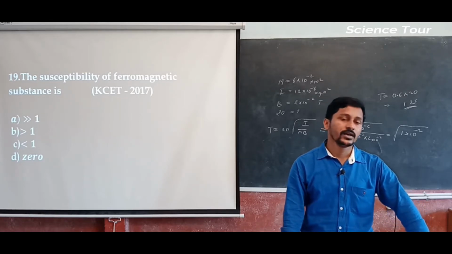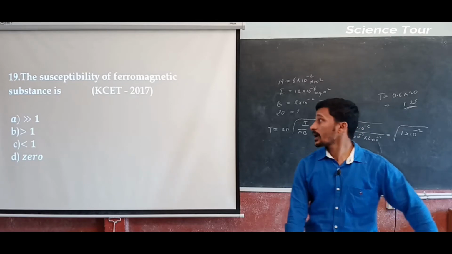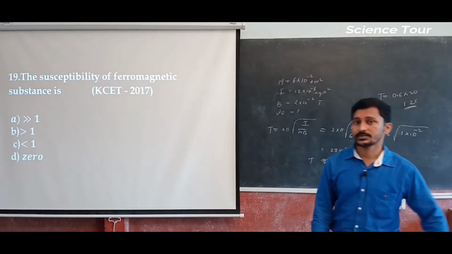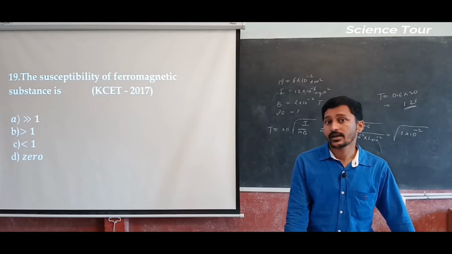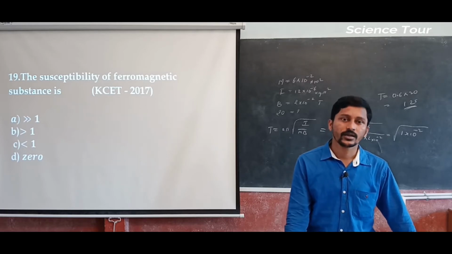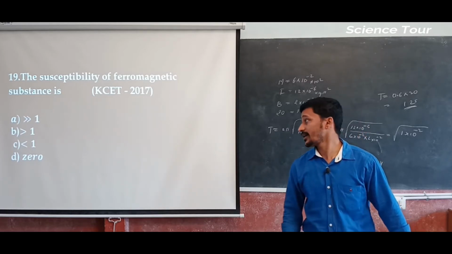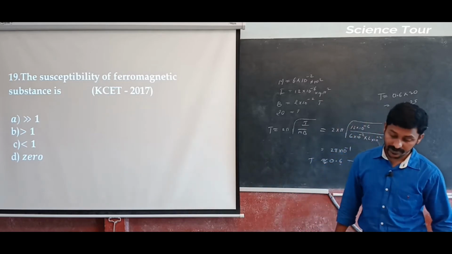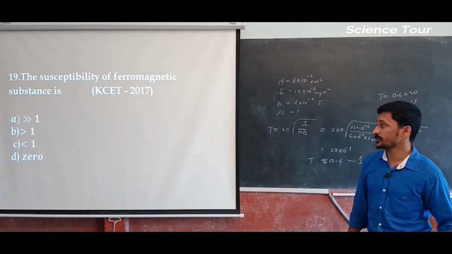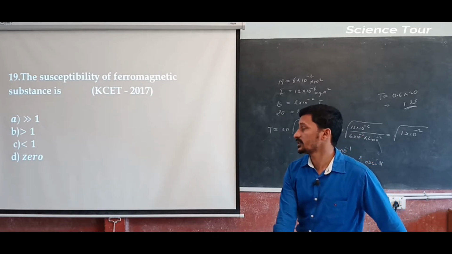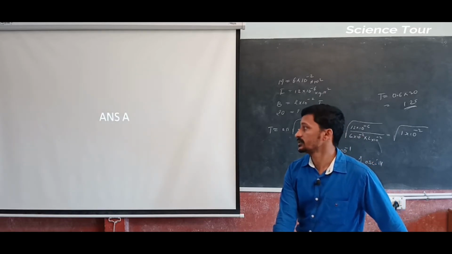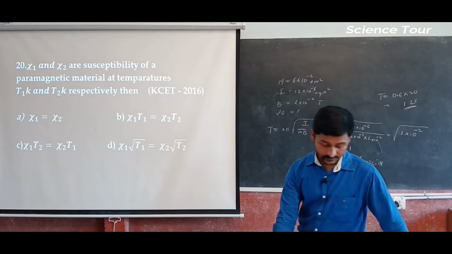Magnetic susceptibility for the diamagnetic substance is negative and small, and for the paramagnetic substance it is slightly positive, very small but positive, and for the ferromagnetic substance it is very high. So very high means how much? Which is the option you can see there? It is very much larger than 1, isn't it? So the answer is A, okay.